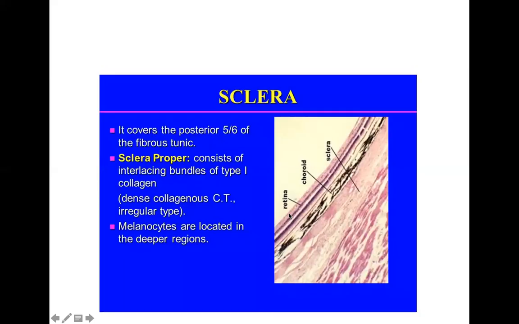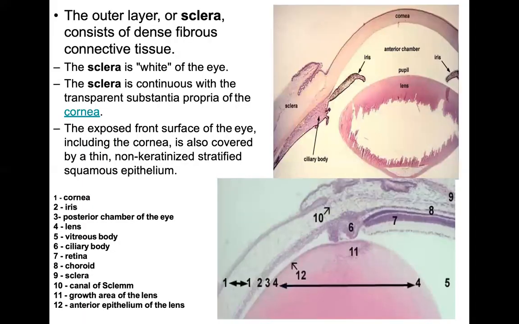Okay, so here, posteriorly in the outer coat is your sclera. This covers the posterior 5/6 of the eyeball. The outer covering is also called your fibrous tunic. Okay, so you have your sclera that contains interlacing bundles of collagen, as we mentioned. This is made up of dense collagenous connective tissue, and melanocytes are also found in the deeper region of the sclera.